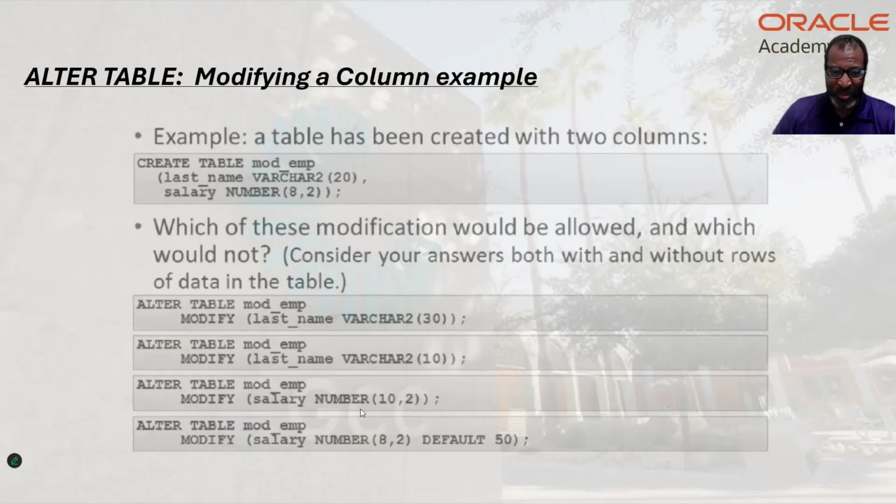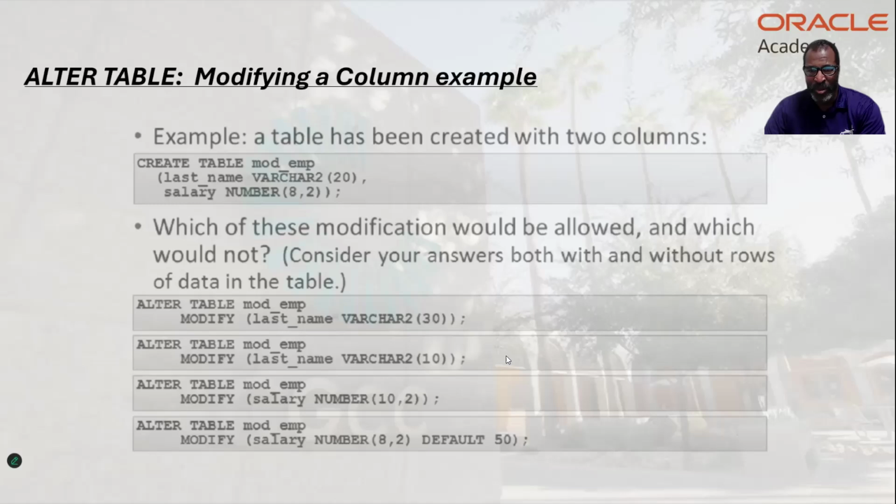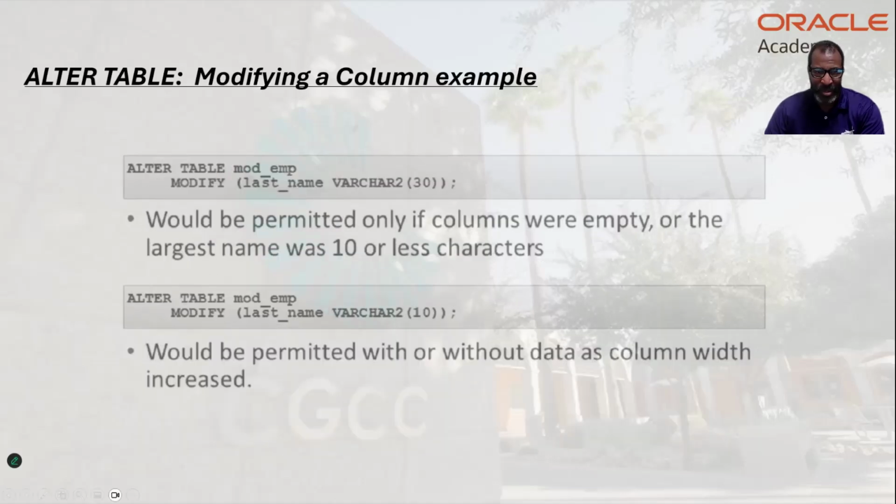If you're storing yearly salary, it's not normally higher than 10 digits, but you never know. But if there's data and you're trying to set a default, you can set it, but it won't impact the data that's already in it. So that's what you need to remember about that. All right. And I think I covered that.